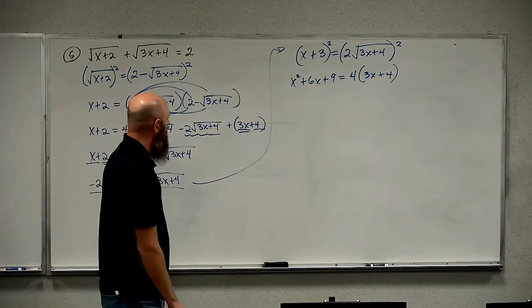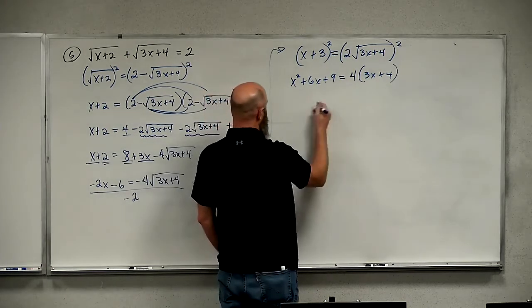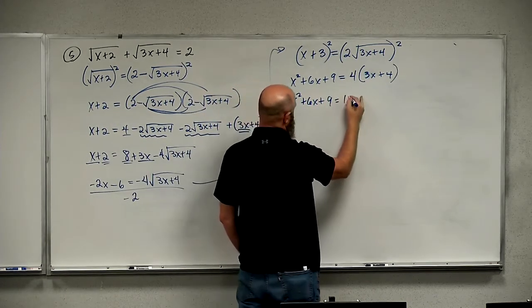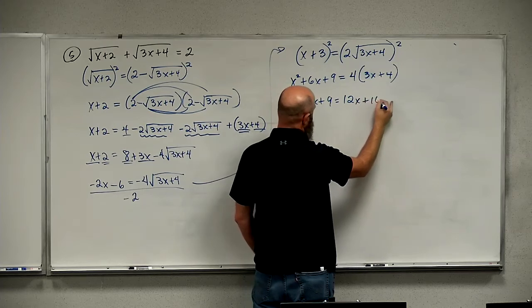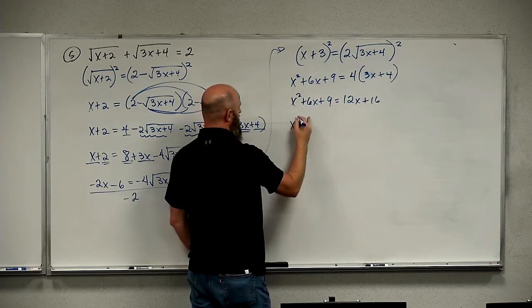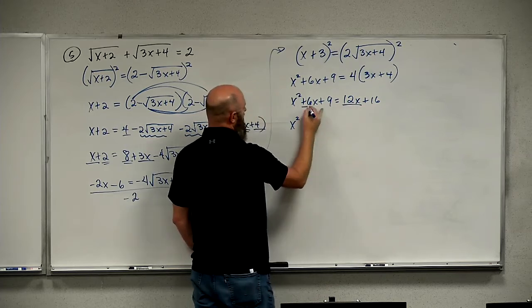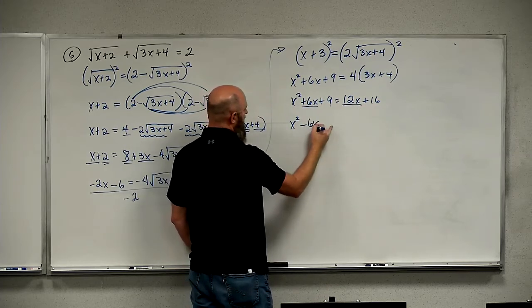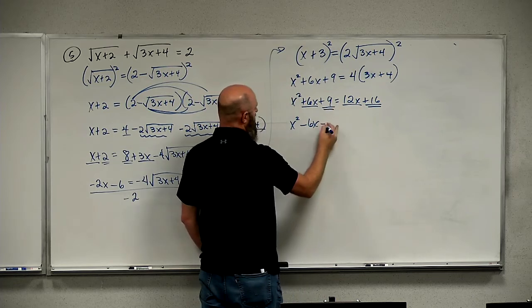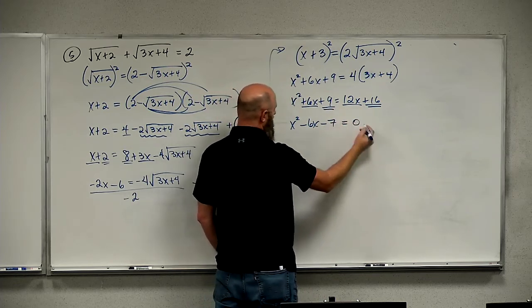Okay. All right, let's distribute that 4 in. So we're going to get 12x plus 16. I have an x squared, so I need to move those things over. So I'm going to get x squared, subtract 12 from 6 and get negative 6x, and subtract 16 from 9 and get negative 7.